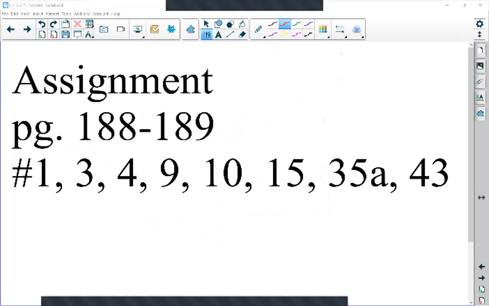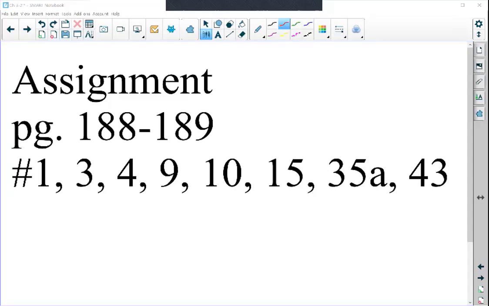So your assignment with the product rule on pages 188, 189: problems 1, 3, 4, 9, 10, 15, 35, just part A, and 43. Problem 1, I believe, is going to give you a binomial times a binomial.